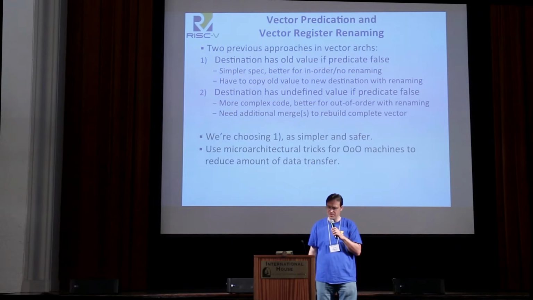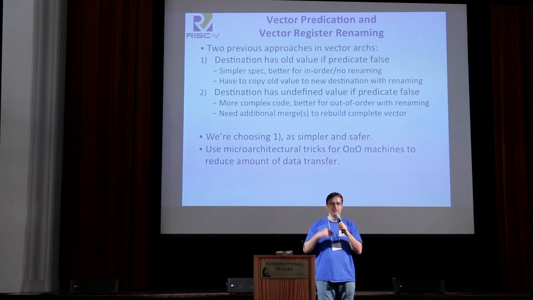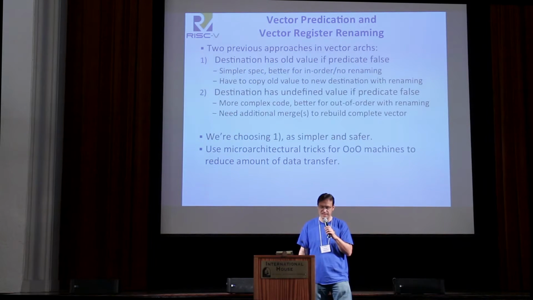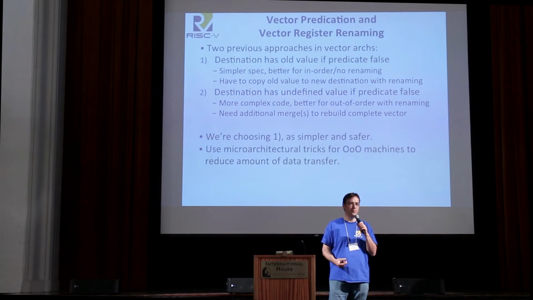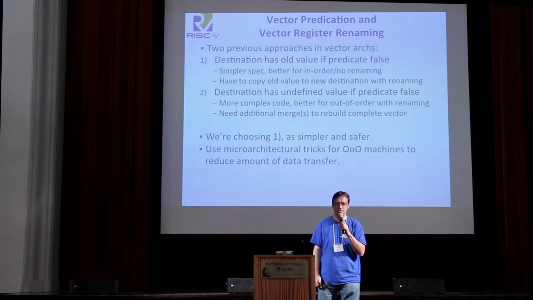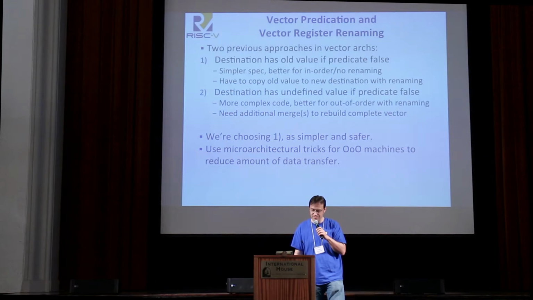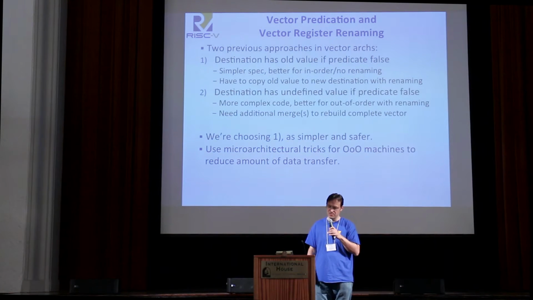And basically what previously people have done is either that approach, which implies there's another read and another write, even where you're not predicated, or what was created in the X1, for example, was that the destination has an undefined value where the predicate is false, but then that requires you have separate merge instructions that piece the vector back together again from the defined pieces. So we decided not to go with the more complex one and do number one because it's simpler and safer in terms of properties, verification, and so on.